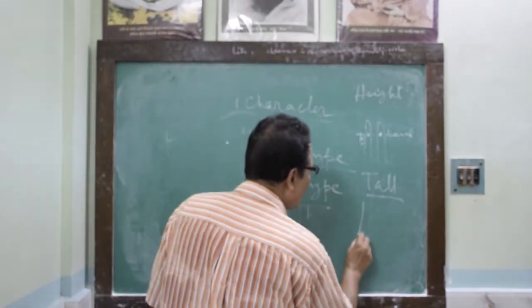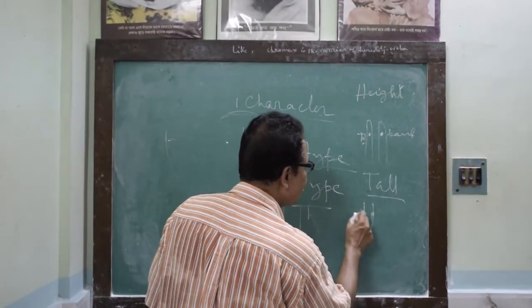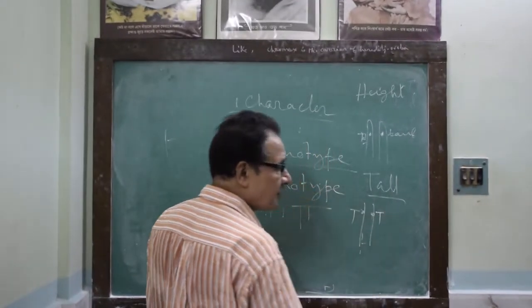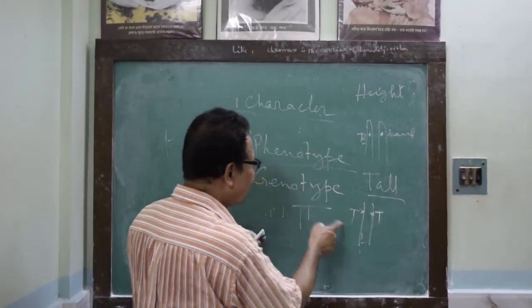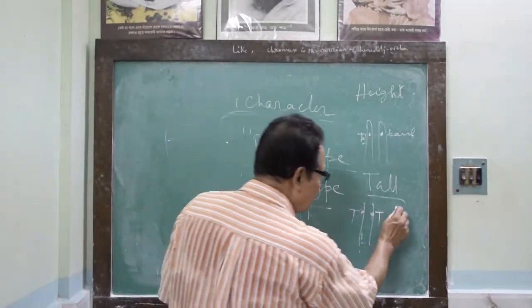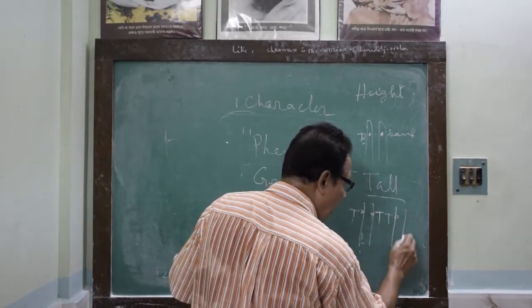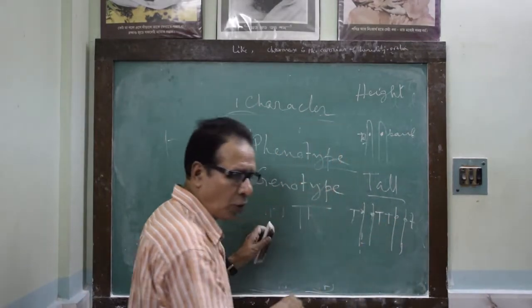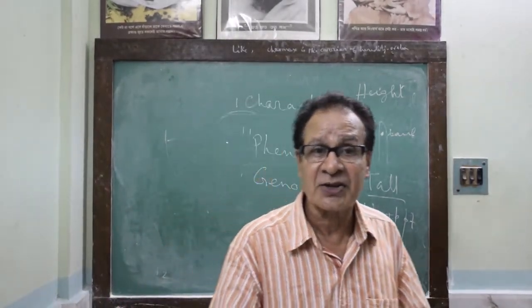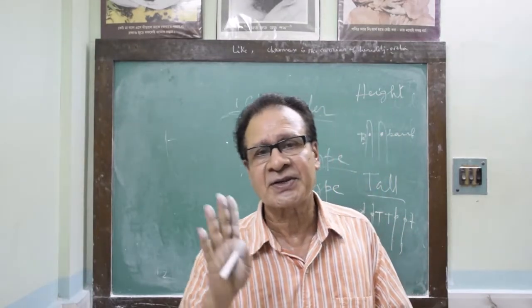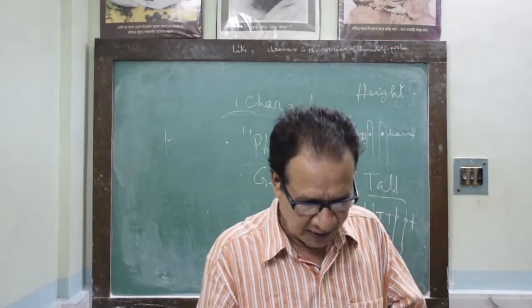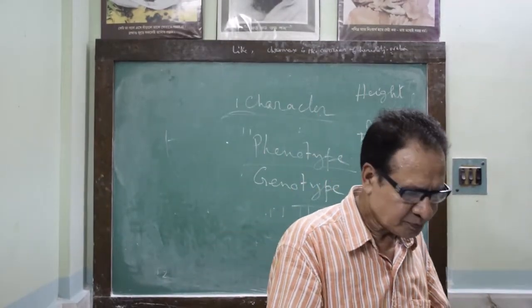Suppose in a homologous chromosome pair there is a tall gene and another allelic tall gene, it is known as homozygous tall or pure. And if there is the capital T, that is tall, and another dwarf, it is heterozygous. So homozygous, heterozygous, these terms are regarded as genotype. Tall, dwarf, these terms are regarded as phenotype.